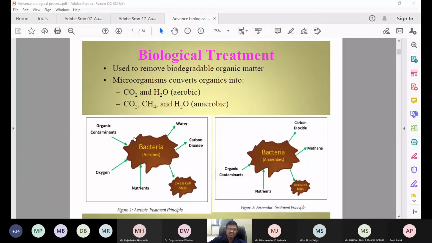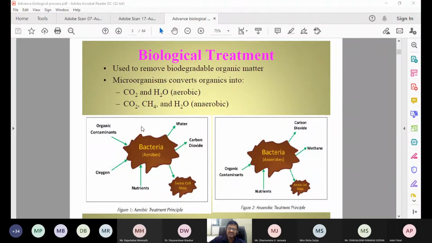All of you know the dissolved oxygen is there in any water body, and it is around 8 to 9 milligram per liter, depending upon the temperature and the altitude. It may be more or less, but let us say generally around 8 to 9 milligram per liter.